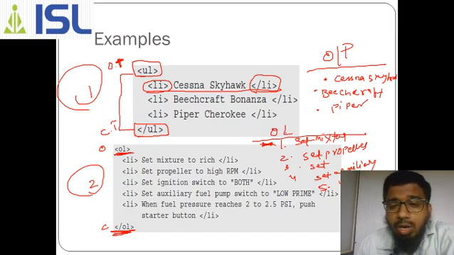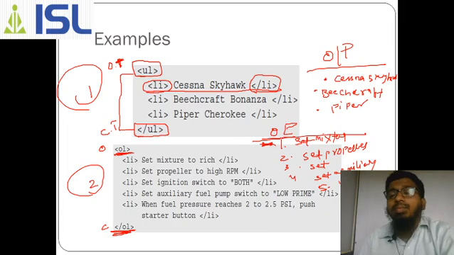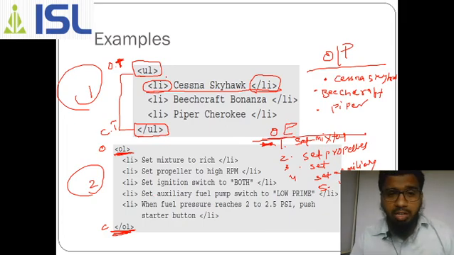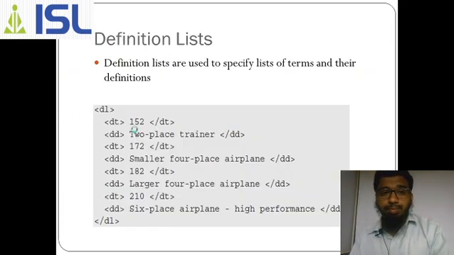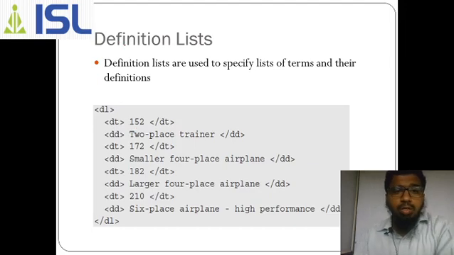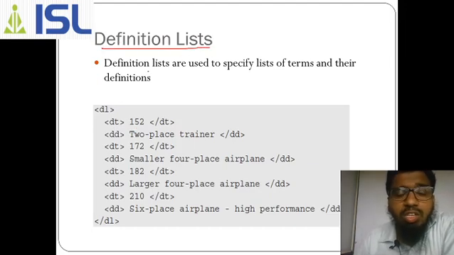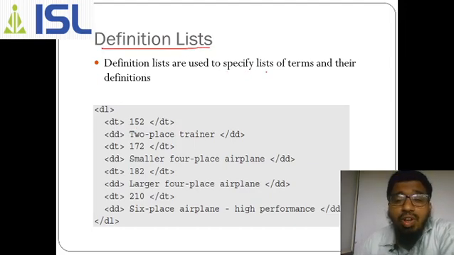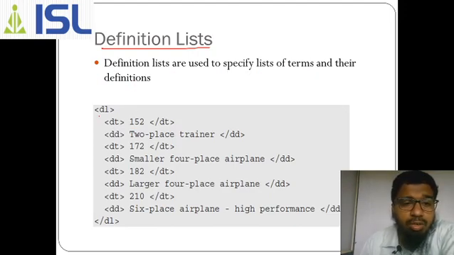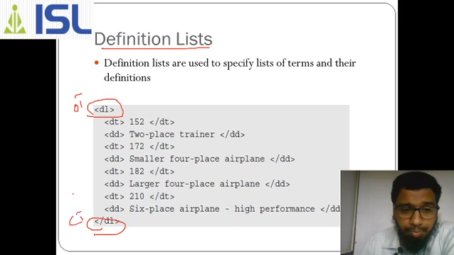Okay, ordered list and unordered list. So here the definition list. What is a definition list? It is used to specify a list of terms and their definitions. DL, this is the opening tag, and this is the closing tag.